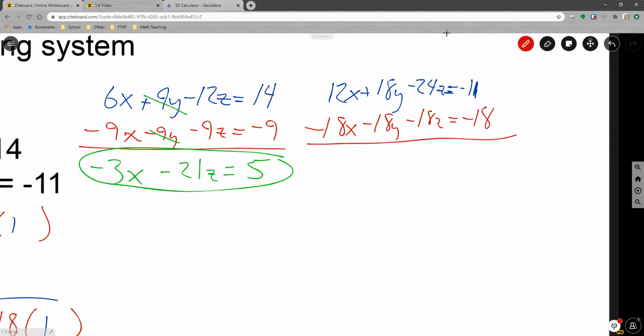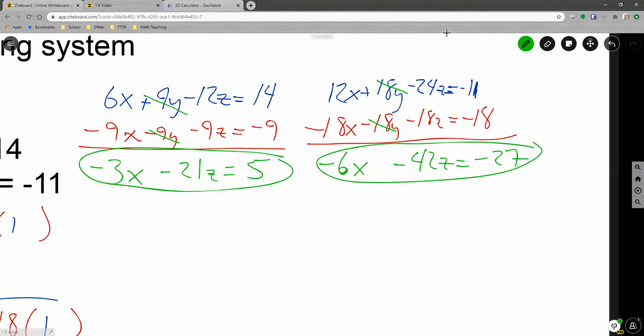So I put my x's together, I get negative 6x. 18 and 18 cancel, and I should be using my green color. Stumbling over my work here, guys. Negative 6x, the 18s cancel because one's positive, one's negative, and then negative 24 minus 18 is going to give me negative 42z, which is equal to negative 27.